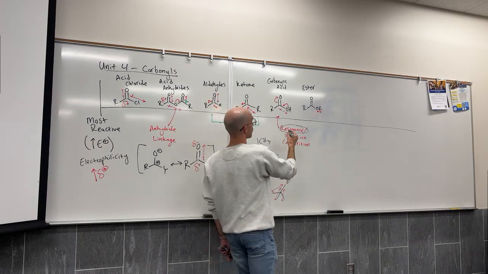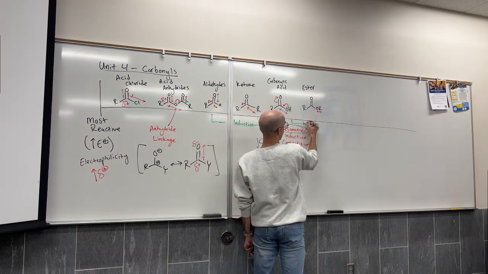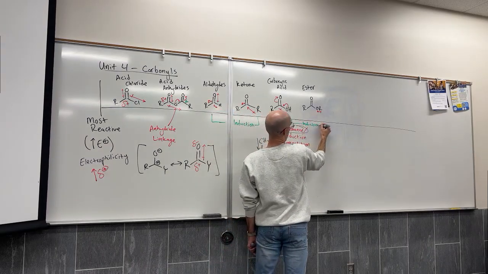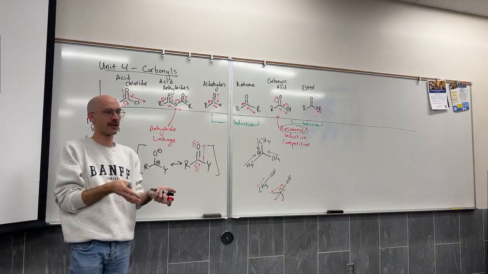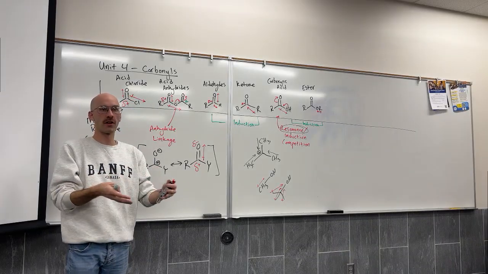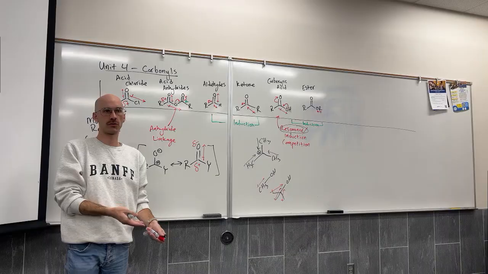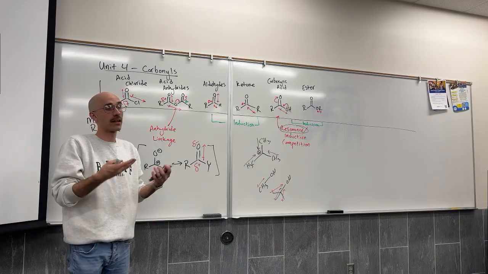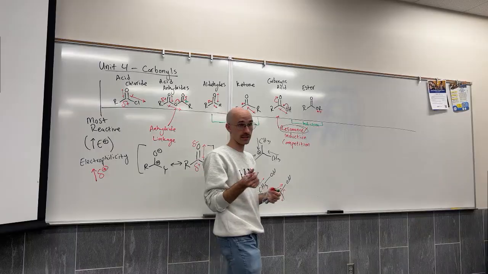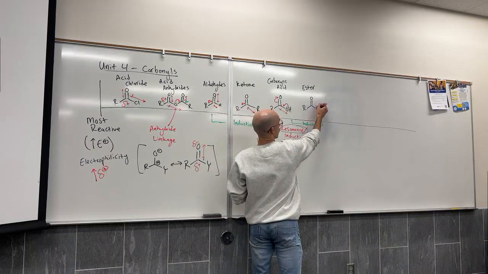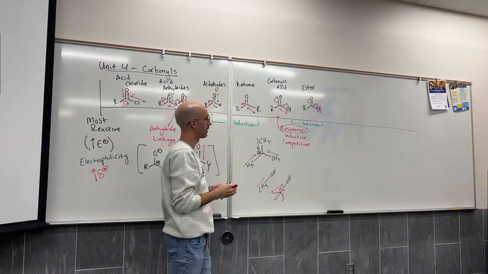And now the difference between carboxylic acid and ester. It's the same difference as between aldehyde and ketone. You just swap out a hydrogen for a larger electron group, the R group. So you get more induction pushing in. Same amount of resonance, correct? Yeah. The oxygen is able to donate into resonance in the same way.